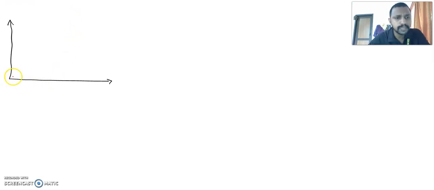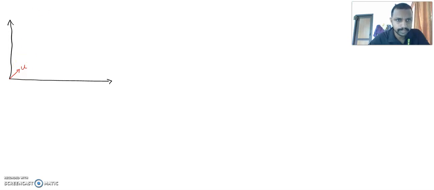Projectile is any substance which is projected with an initial velocity. Further on, it is moving under the influence of gravity. That is, let us assume that you have a substance which is projected with an initial velocity u in this direction, and further on it is moving under the influence of gravity.